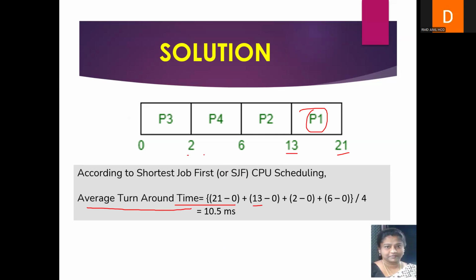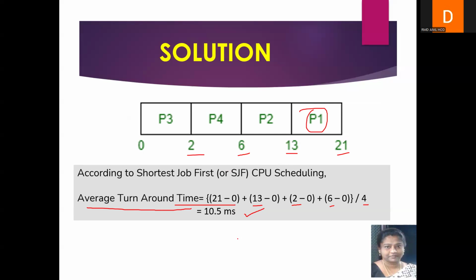P3 completes at 2. So, 21 plus 13 plus 2. And P4 completes at 6. Therefore, it is 21 plus 13 plus 2 plus 6. The whole thing divided by 4, the total number of processes. And we get the answer as 10.5 milliseconds. So the average turnaround time for SJF is 10.5 milliseconds.